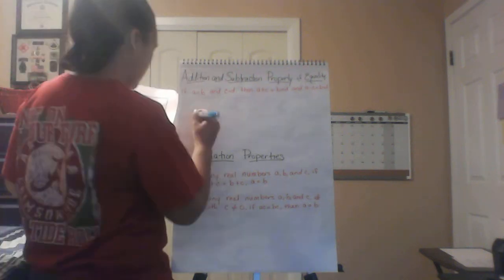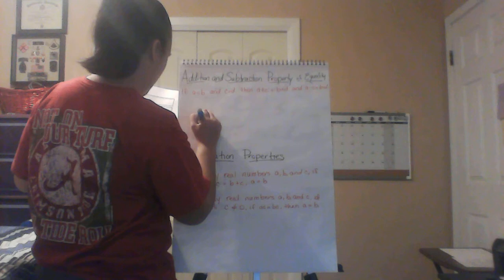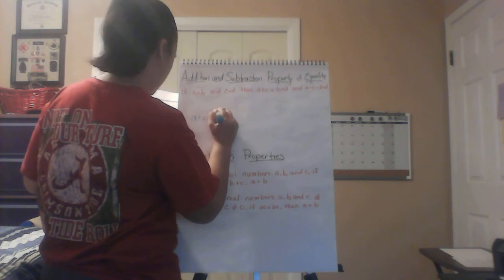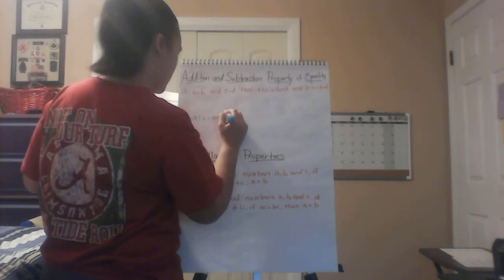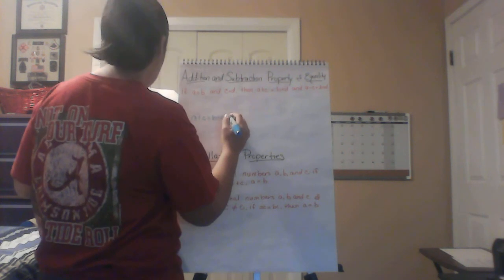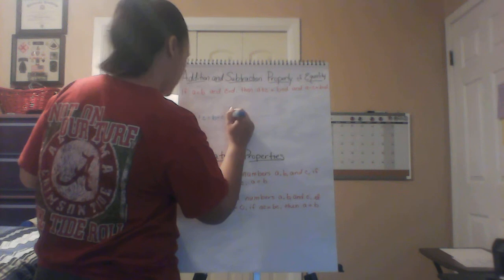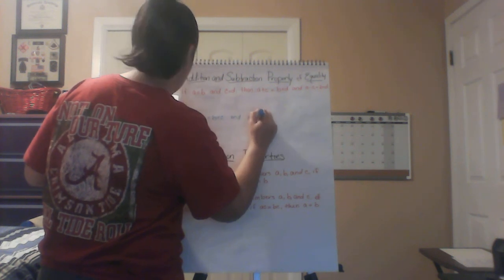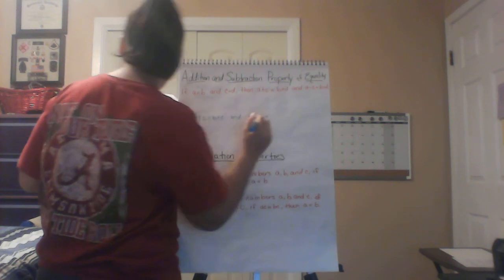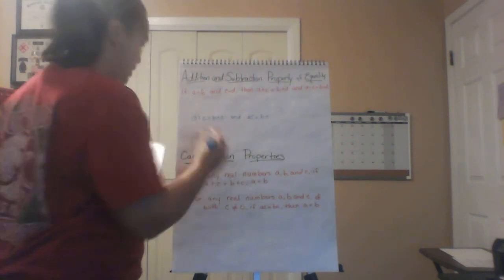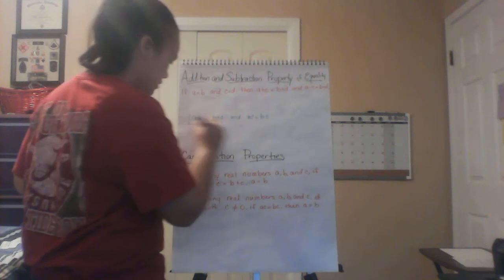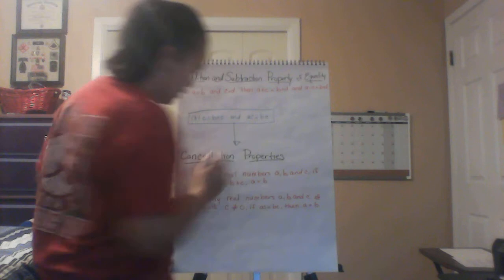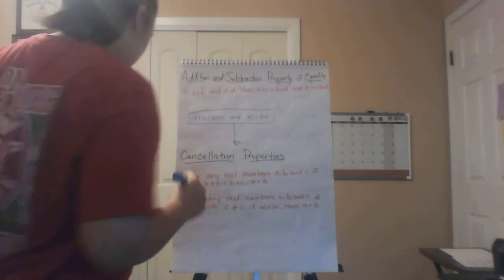And that right here will give us A plus C equals B plus C, and it'll equal AC equals BC. The cancellation property, which is this right here, can come into effect.